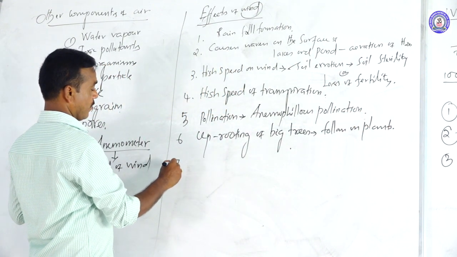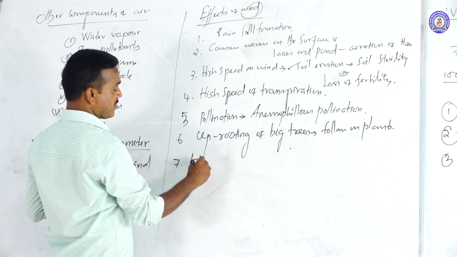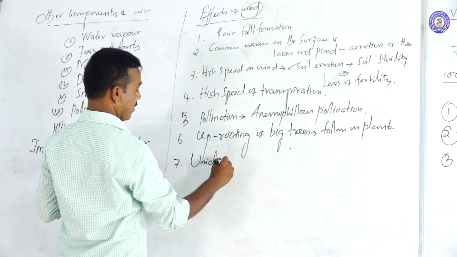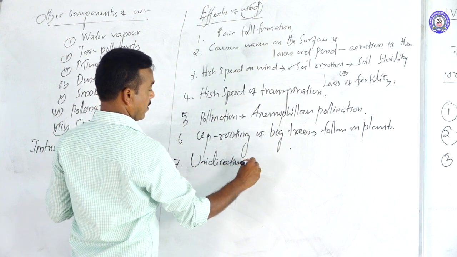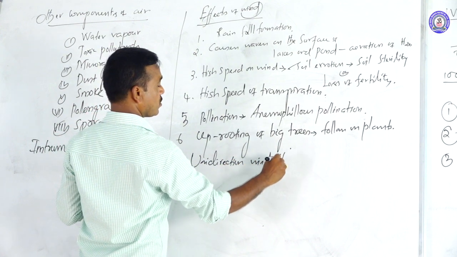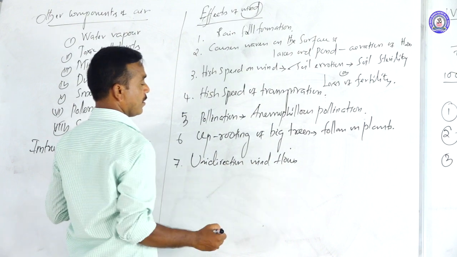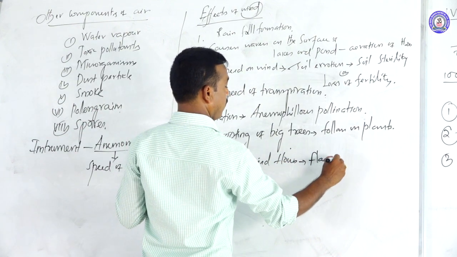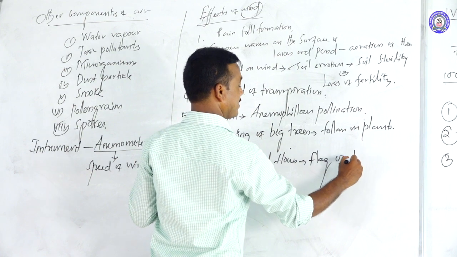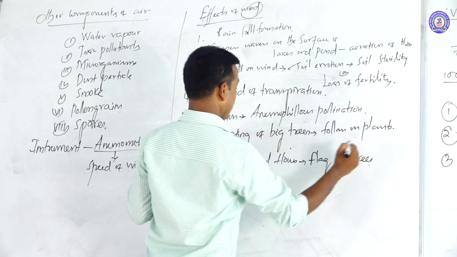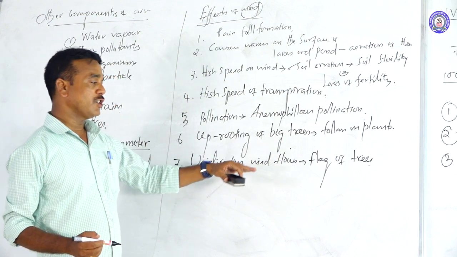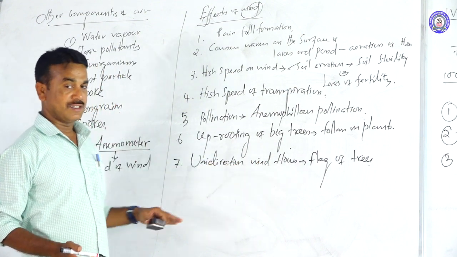Seventh one: unidirectional wind flow results in the flag form of trees.